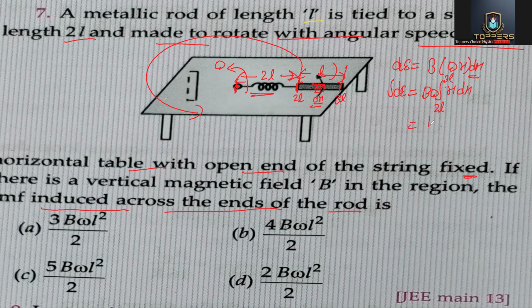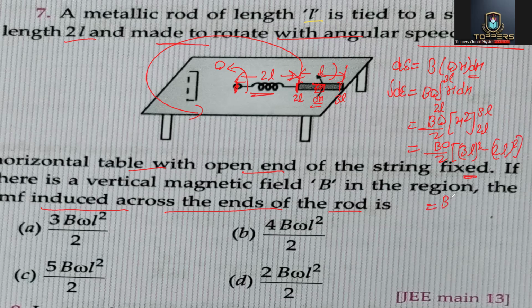So it will be B omega by 2 into x square, with lower limit 2L and upper limit 3L. So it will be how much? B omega by 2, that is 3L whole square minus 2L whole square.